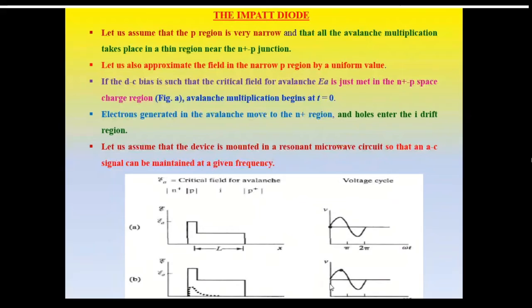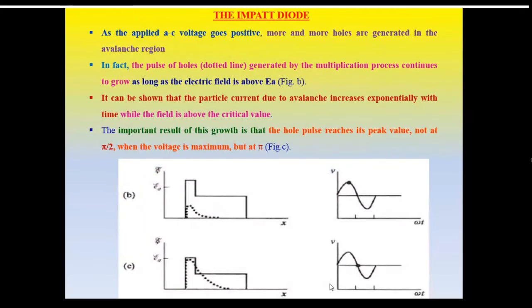The current due to the avalanche process will increase exponentially due to the multiplication process, and that will be continuous as long as the electric field is above Ea.